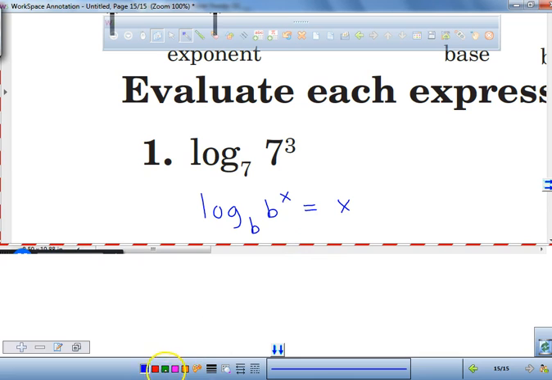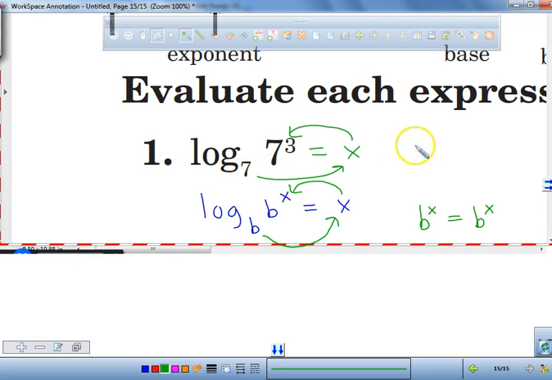Now check this out. If I go through the arrows, b to the power of x equals x. So basically you would write b to the power of x equals b to the power of x. So if I say equals x and I do the exact same thing, what does this say? This says 7 to the power of x equals 7 to the power of 3.